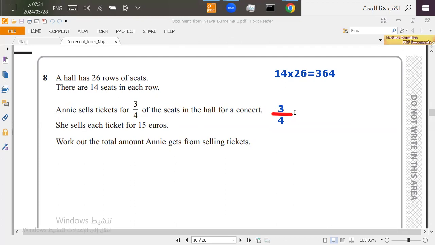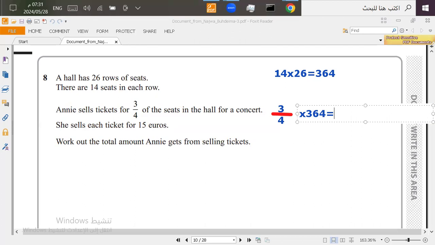So we multiply 364 by 3/4 to find out how many seats were sold.